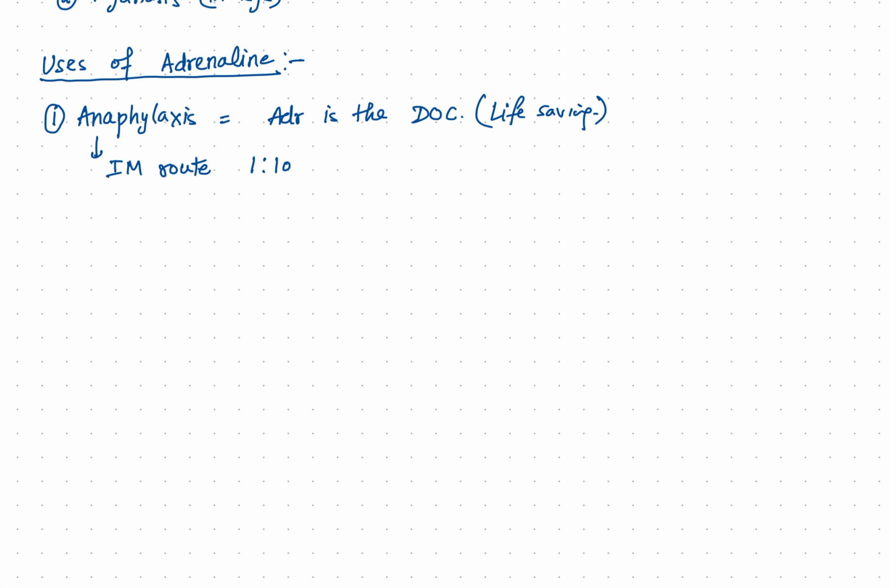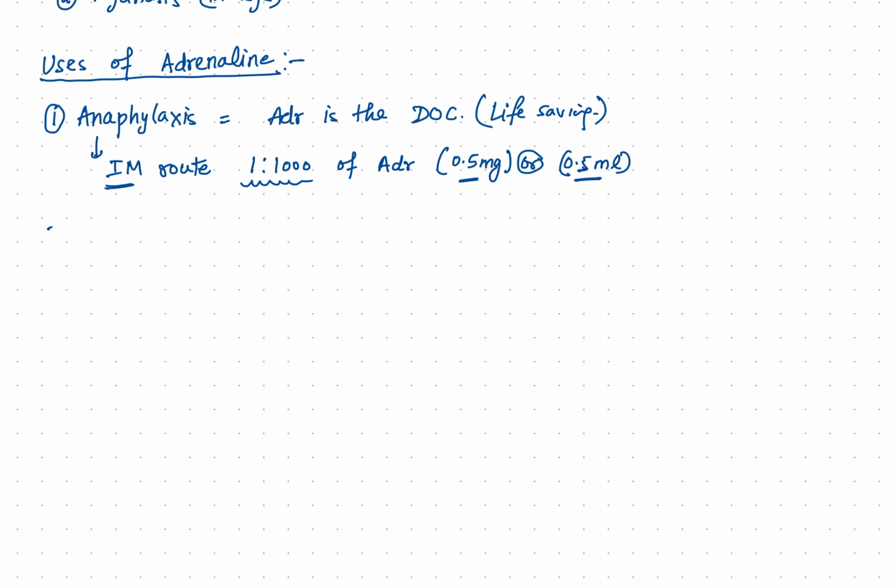We use 1 is to 1000 concentration of ADR, and the dose is 0.5 mg or 0.5 ml, because the ampoule which contains this concentration has 1 mg per ml of ADR. We give IM 0.5 mg or 0.5 ml of 1 is to 1000 ADR.